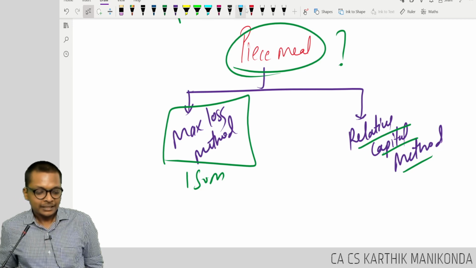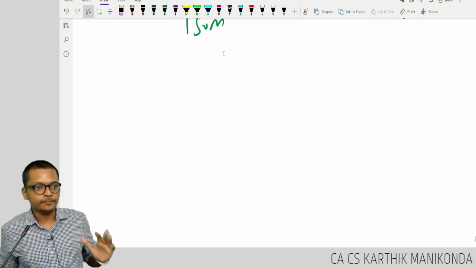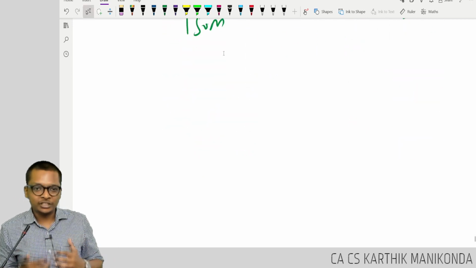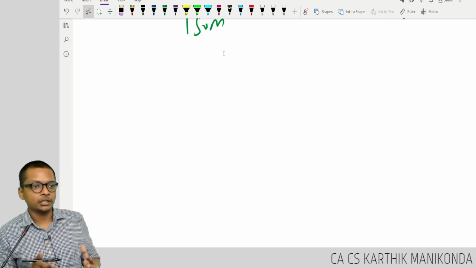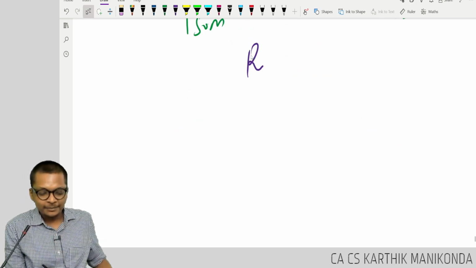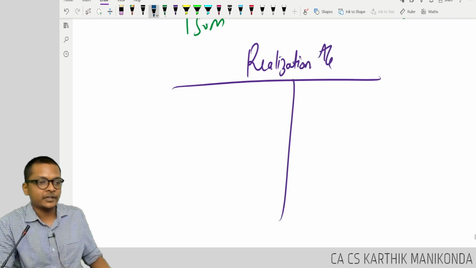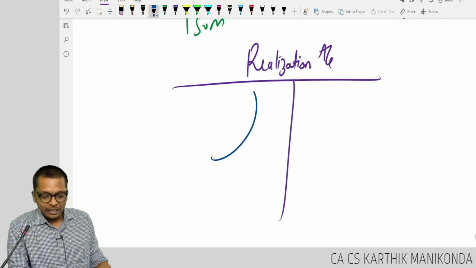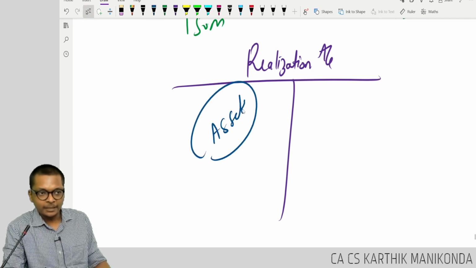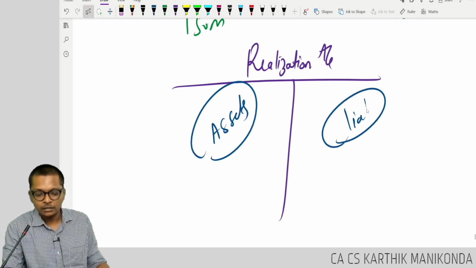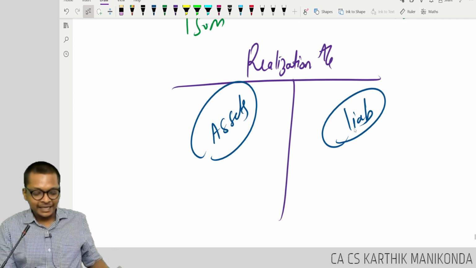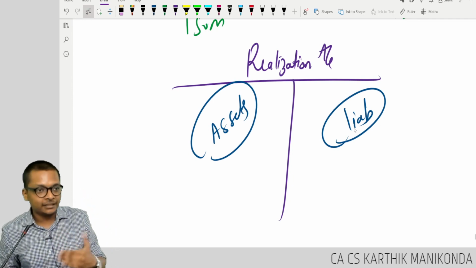Now, let's come to a normal dissolution sum. What do you do in dissolution? Every sum, whether insolvency or not insolvency, every basic sum you will prepare one realization account. First you will transfer all assets over on the debit side, then I will transfer all the liabilities on the credit side, and then you will start doing settlement.